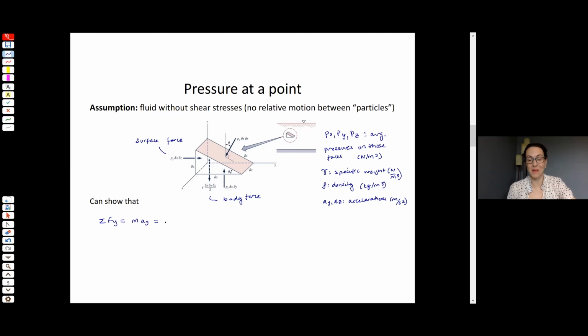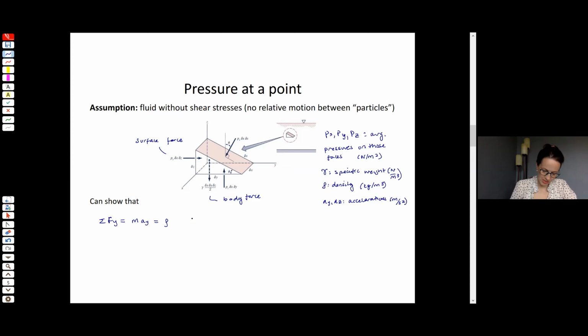It takes a long time for some reason, teaching online, to get through slides longer than it does in person. I don't know why. But I'm going to do a similar derivation on the next slide, and I will go through it in detail. So take my word for it that the sum of the forces in the y direction can be written as the infinitesimal volume times the density over 2 times the acceleration in the y direction.